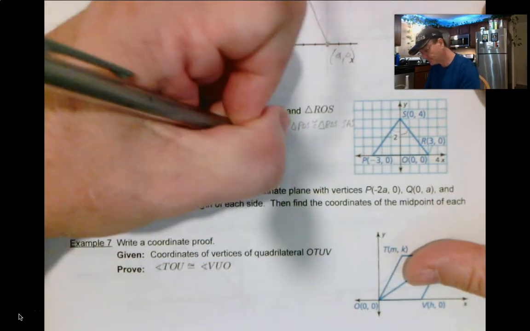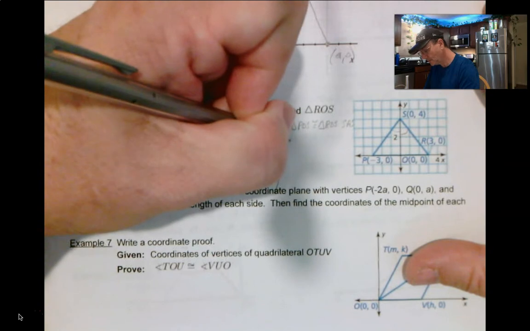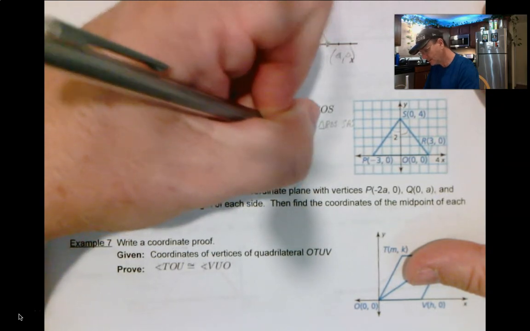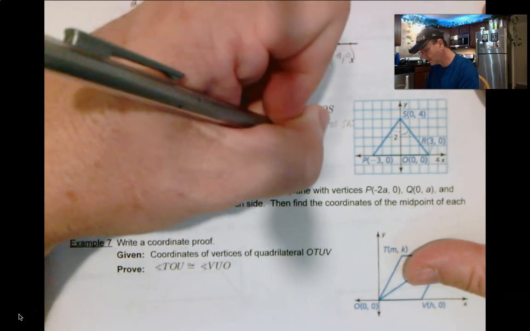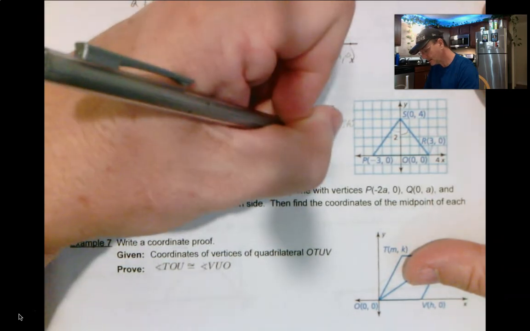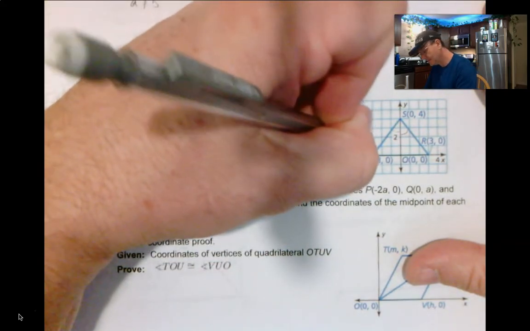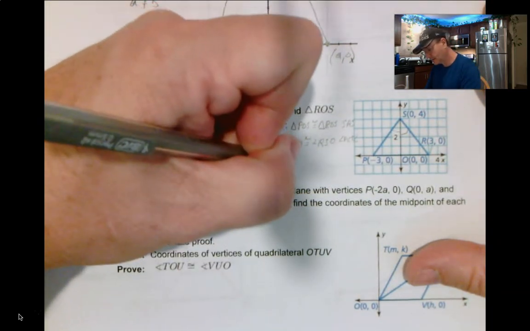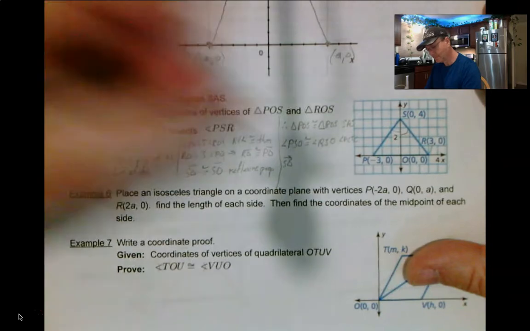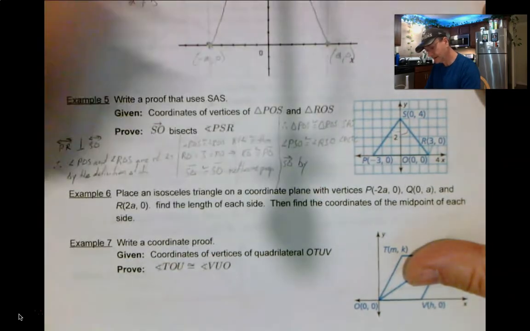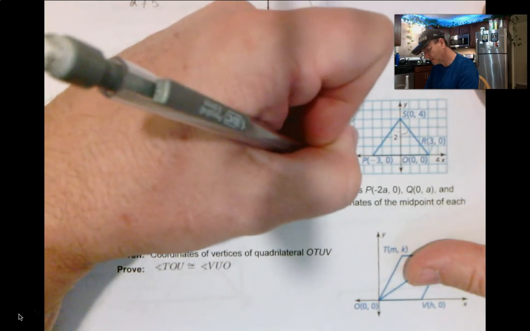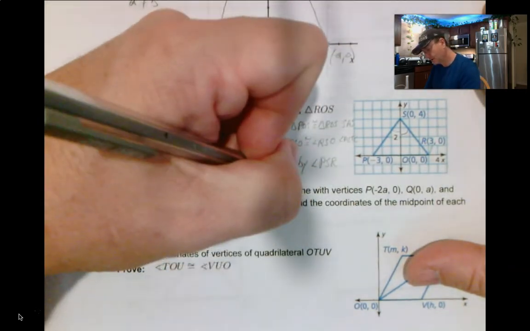Angle PSO is congruent to angle RSO, CPCTC. Ray SO bisects angle PSR. Definition of an angle bisector.